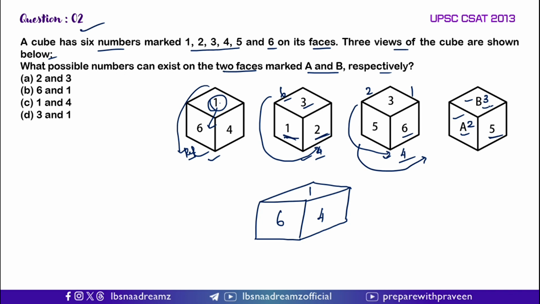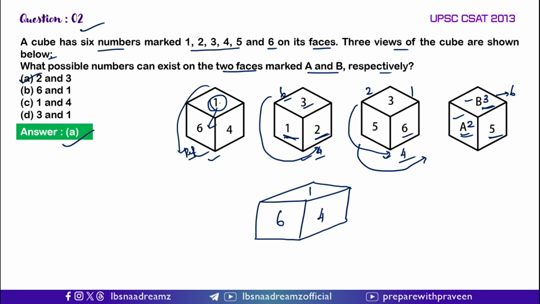So 2, 3 will be here. The back side 6 will be here. So 2 and 3 can exist on the two faces marked A and B. Let us choose option A, 2 and 3. Okay. Option A is the right answer.